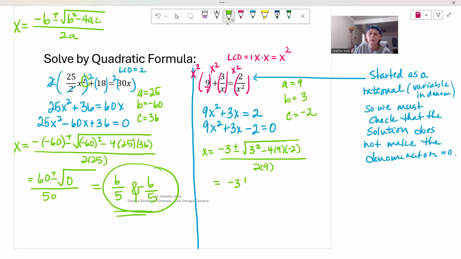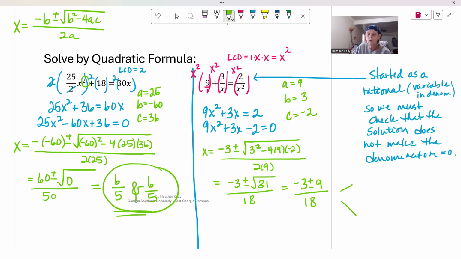We got negative 3 plus or minus, let's see, we've got 9 minus 4 times 9 times negative 2 gives us 81. Oh, how nice is that? Thank you. Negative 3 plus or minus 9 over 18.